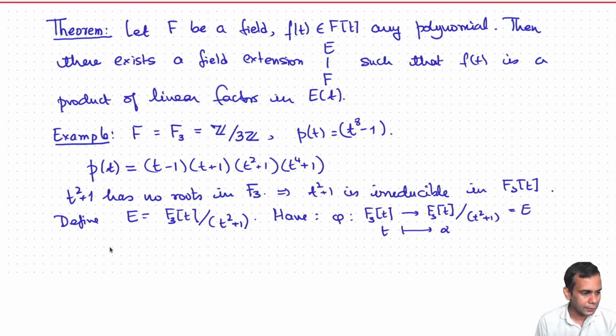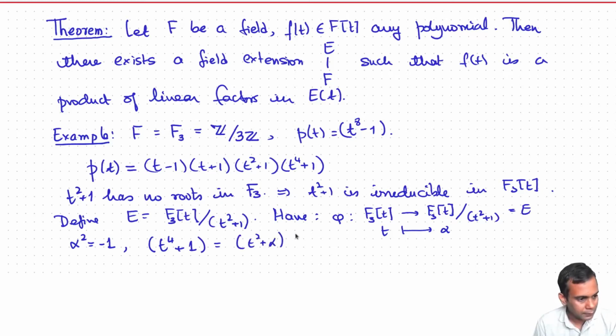Then what we have is that alpha squared equals minus 1, because alpha squared plus 1 is 0 by design. And so what we have is that t to the power 4 plus 1, this last factor here, is equal to (t squared plus alpha) times (t squared minus alpha).